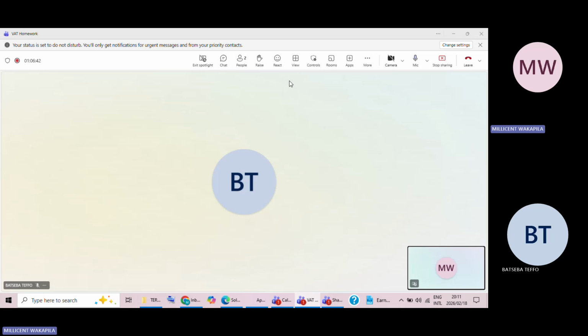You're not actually obliged. So when it comes to calculating that, the concept is pretty simple, because you just say that output VAT minus input VAT gives you the VAT that is payable or due to SARS, right?